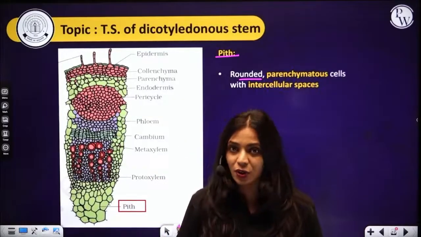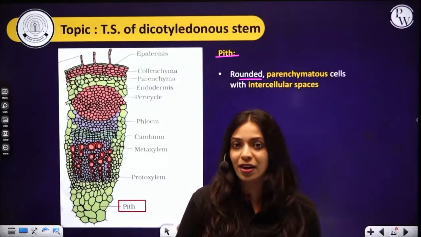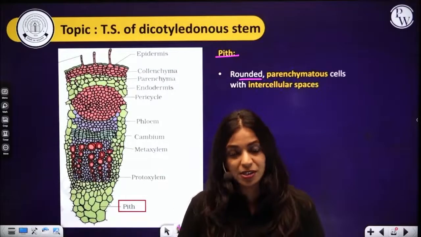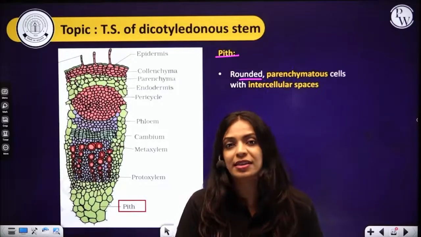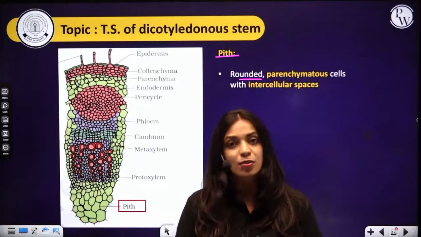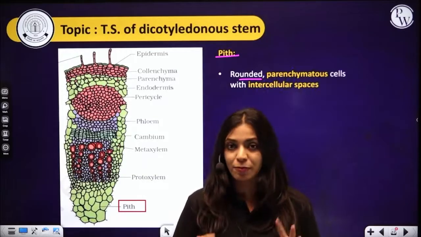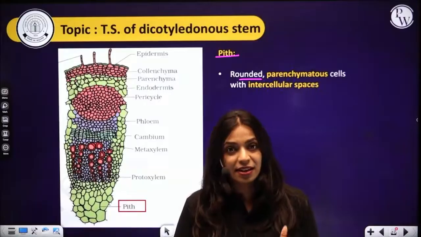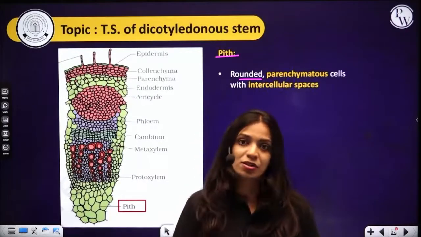Below that you have general cortex, which has parenchyma with intercellular spaces. The innermost layer of the cortex is the endodermis, which also has parenchymatous cells. In the endodermis, the cells store starch grains, which is why it is called the starch sheath. Now, inside the endodermis, you have pericycle. Pericycle is arranged in the form of semilunar patches. It is composed of sclerenchymatous tissue.